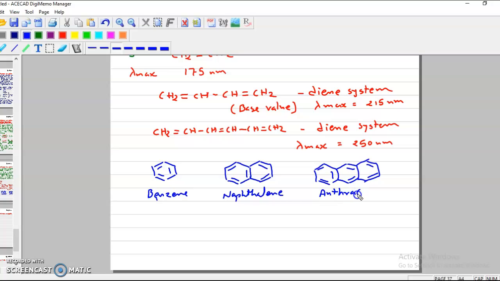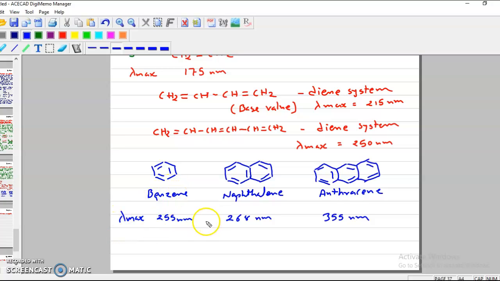As the number of alternate pi bonds increases, resonance increases, therefore absorption wavelength also increases. So lambda maxima of benzene would be nearly 255 nanometer, naphthalene is nearly 268 nanometer, while in the case of anthracene, the absorption wavelength is about 355 nanometer. So this is because of alternate double bonds.